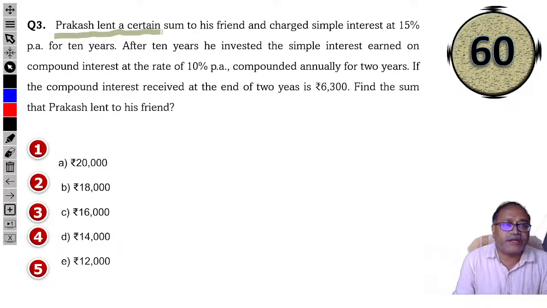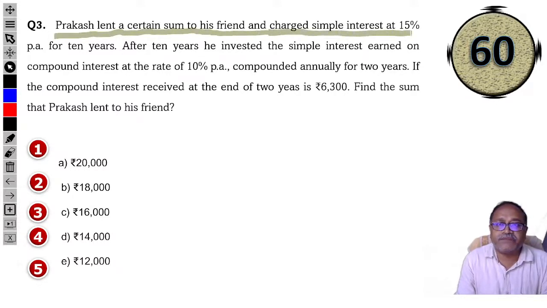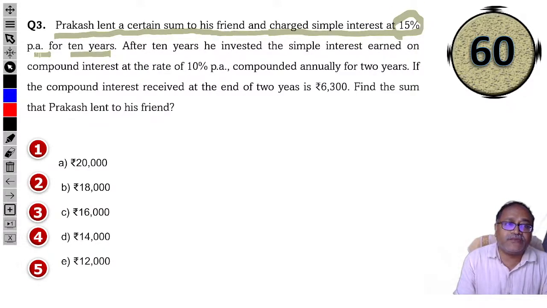Prakash lent a certain sum to his friends and charged a simple interest of 15% per annum for 10 years. You understand the impact of these two wordings: 15% per annum for 10 years, and it's a simple interest. After 10 years, he invests the simple interest earned in compound interest.